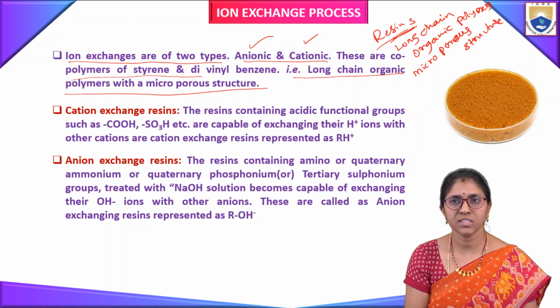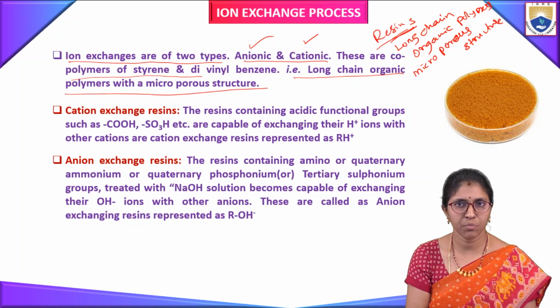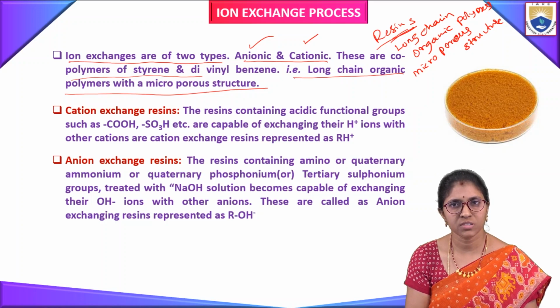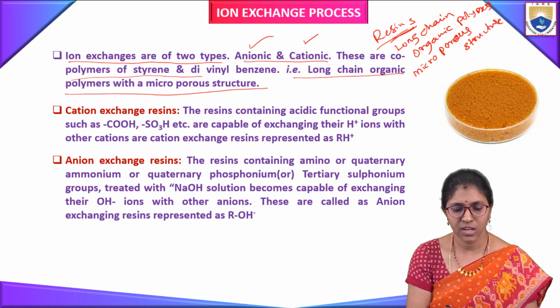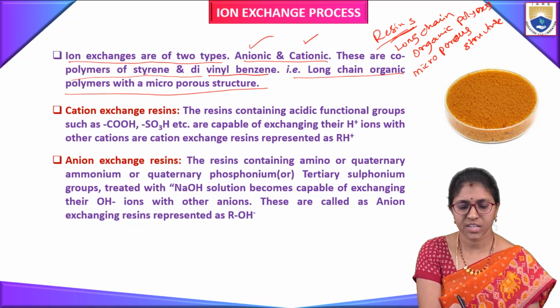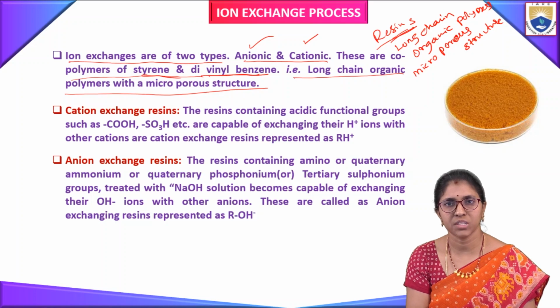So ion exchange resins are long chain organic polymers with microporous structures. For example, these are copolymers of styrene and divinyl benzene.